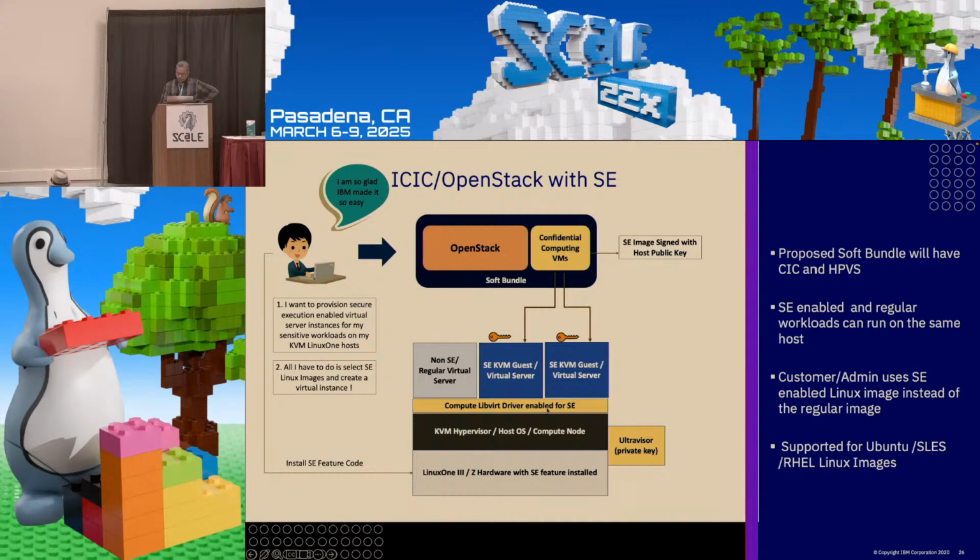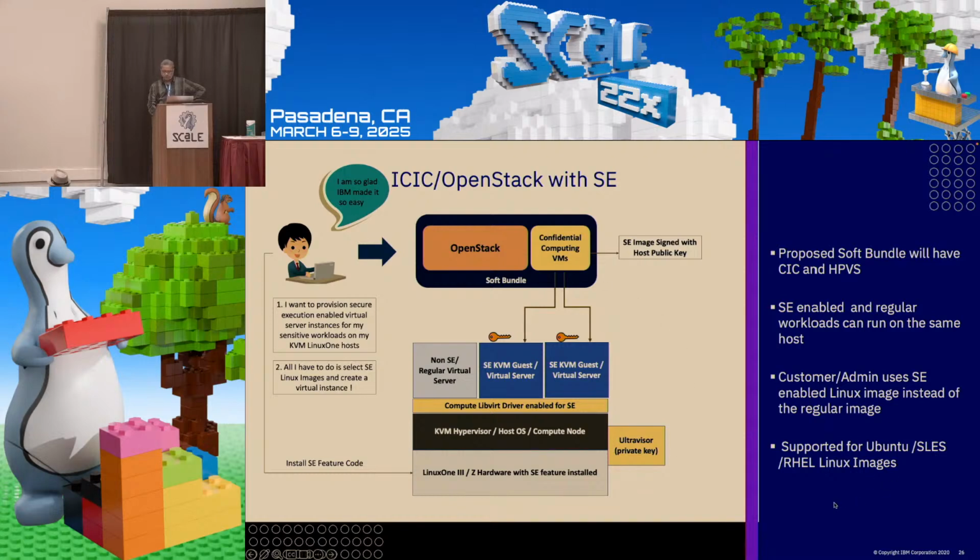On top of that, we have the KVM libvirt driver, which has been enabled for secure execution, which is provided by the underlying hardware. Using that, we can create non-SE based environments as well as SE based environments. So it's not required that everything running on top of this needs to be enabled through secure execution itself. All of these are encrypted through keys, and we can achieve confidential computing VMs and deployment of the same as a software bundle using OpenStack.